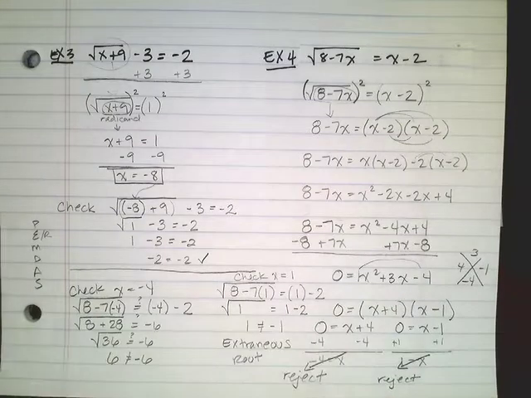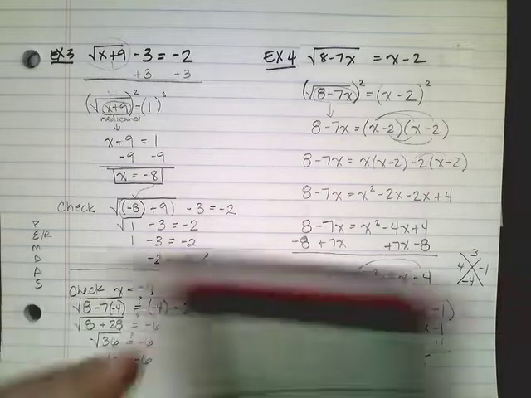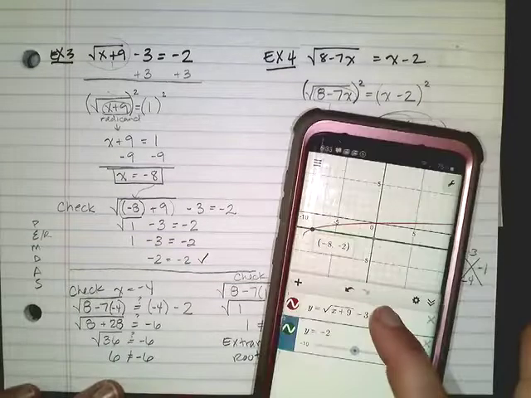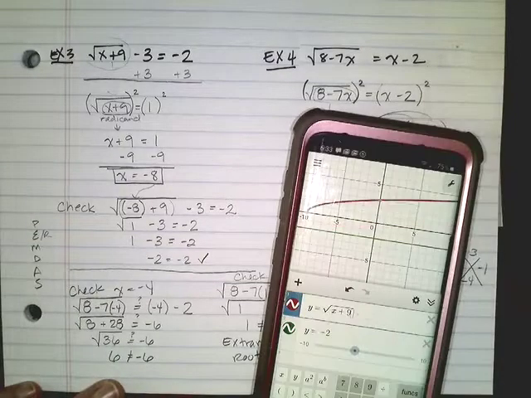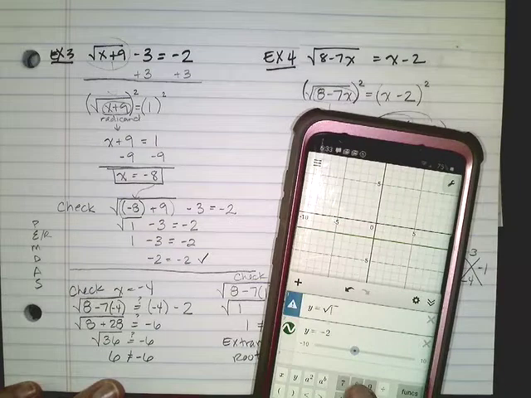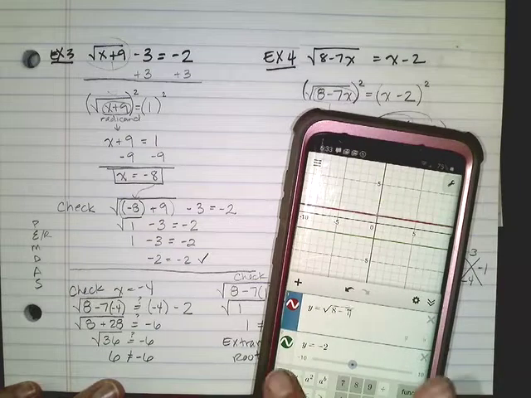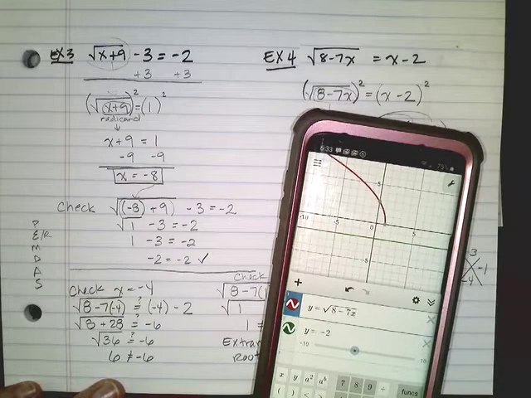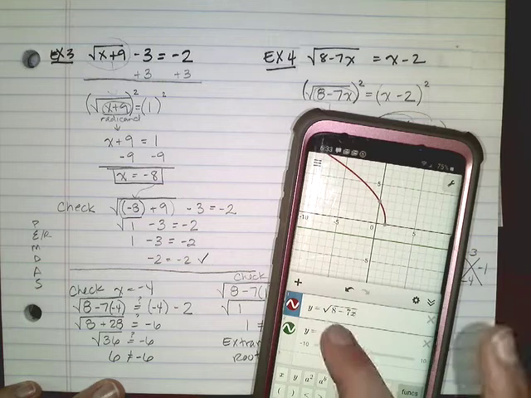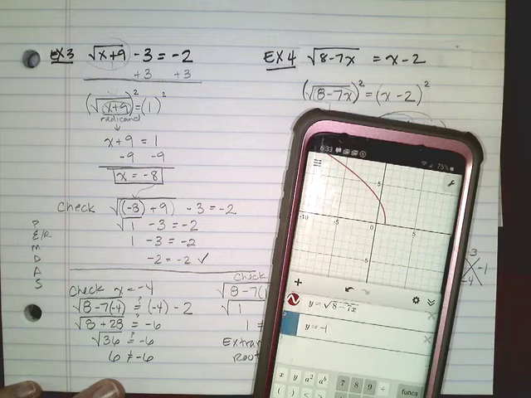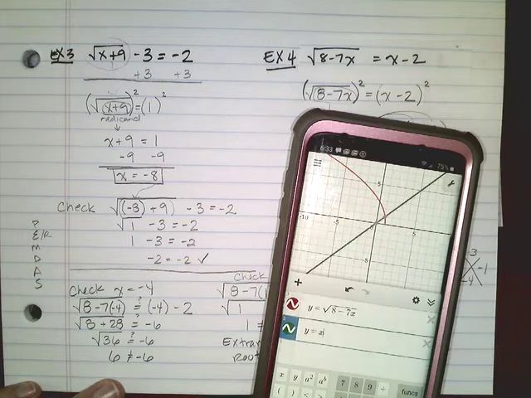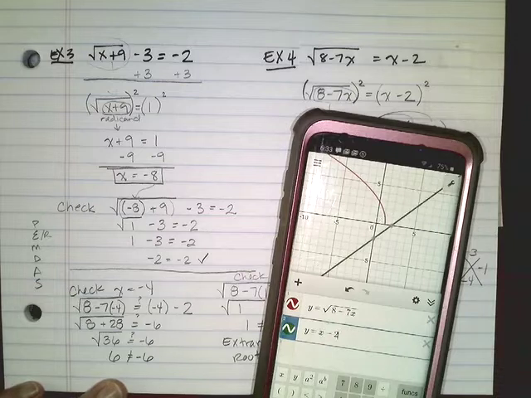Okay? And when we check it on our Desmos app, what we want to do is we again want to go ahead and plug in our original 8 minus 7x, okay, and what's down here? X minus 2. Again, notice they don't intersect.